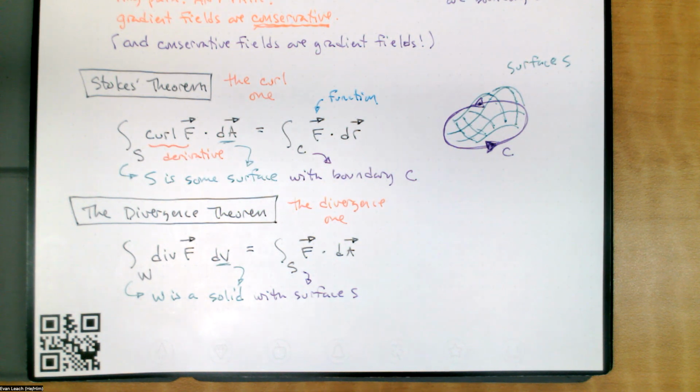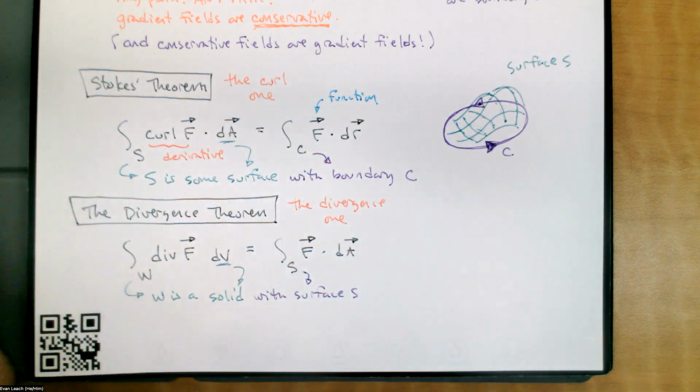So W would be like the solid sphere, all the stuff inside the sphere, and the surface S would be the surface of the sphere.